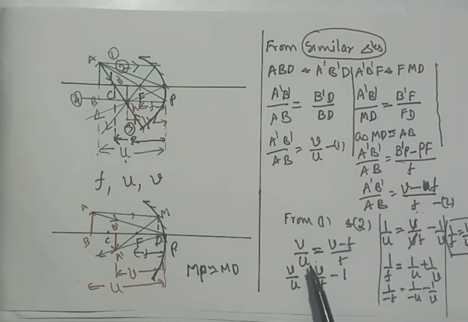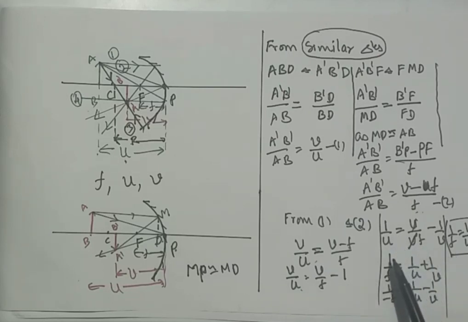From 1 and 2 we can write, as left hand sides are equal, right hand side V by U equals V minus F by F, and separating the right side and cancelling F by F as 1, we can write V by U equals V by F minus 1.